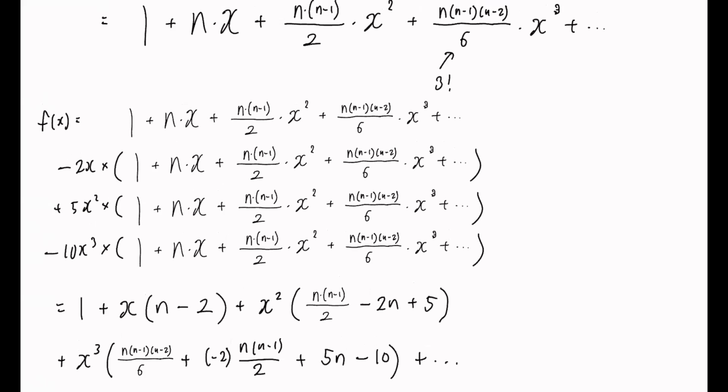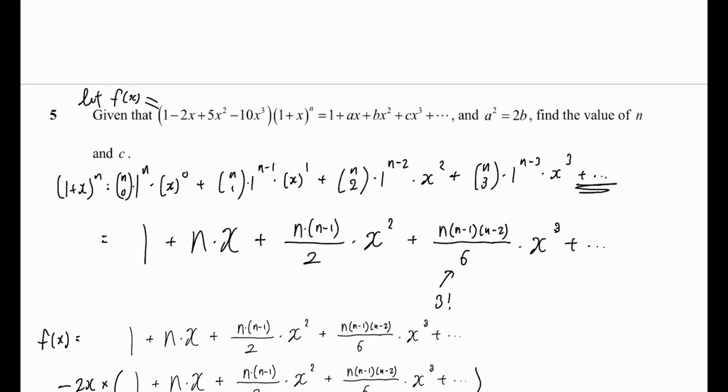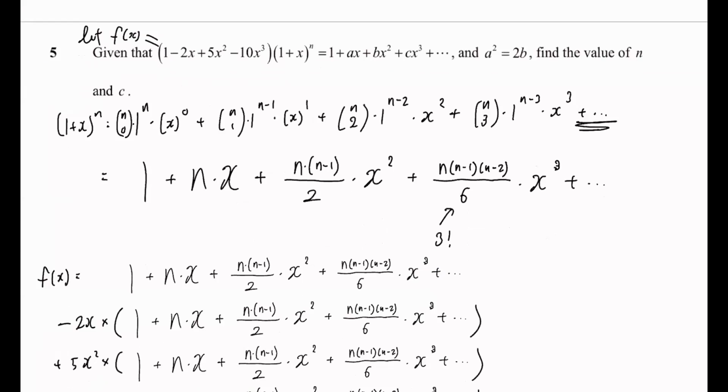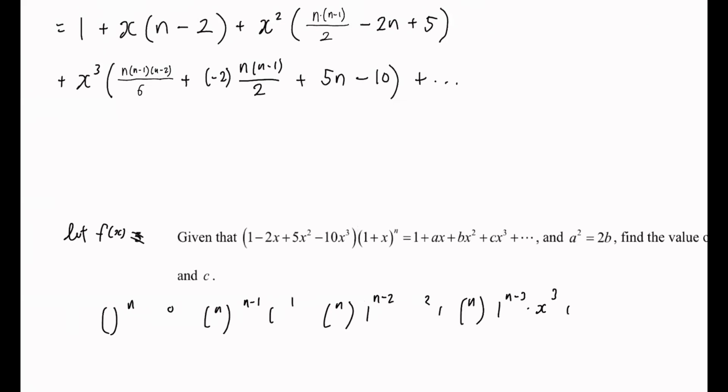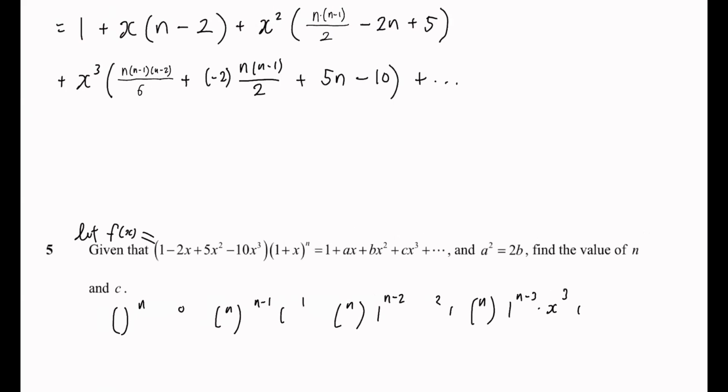Carry on. What did the question tell us? It's equal to 1 plus ax plus bx squared plus cx cubed, and a squared equals 2b. Find the value of n and of c. I'll just paste it here. So what can we conclude? A is equal to n minus 2.